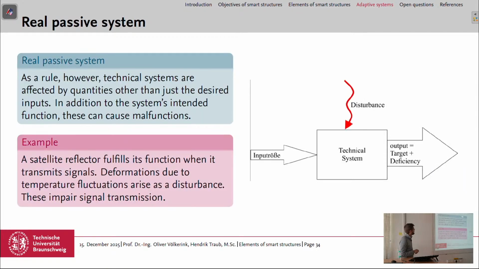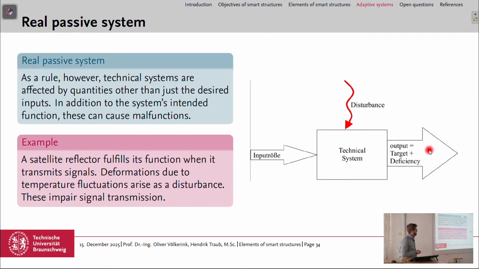What we really have is a real passive system, where we have this kind of disturbance. Then we won't get our desired output or our target directly, because we have the input into the technical system and also the disturbance, and then our output has a deficiency.